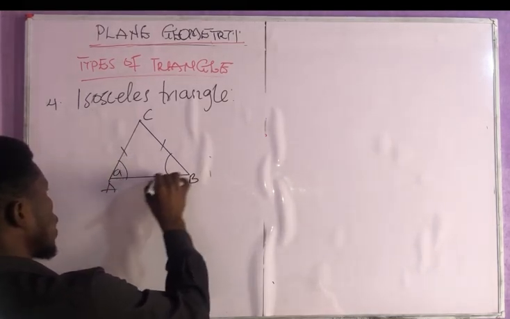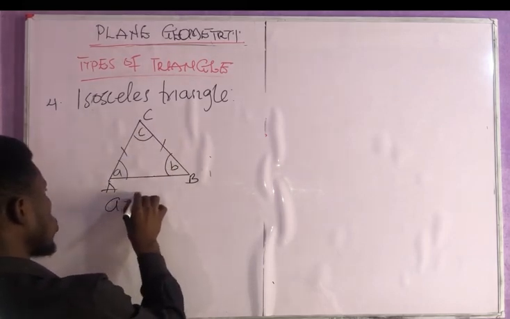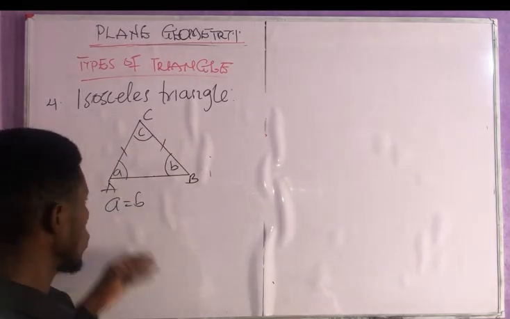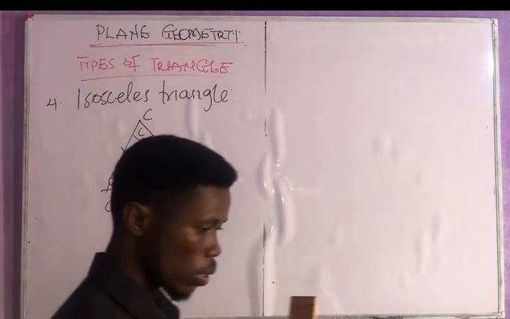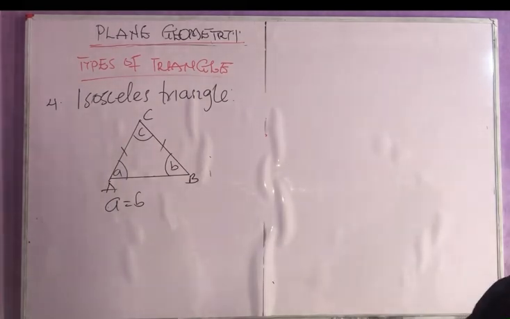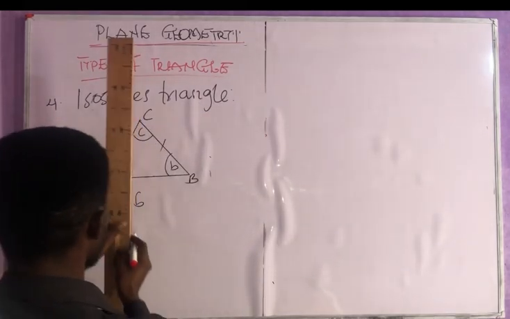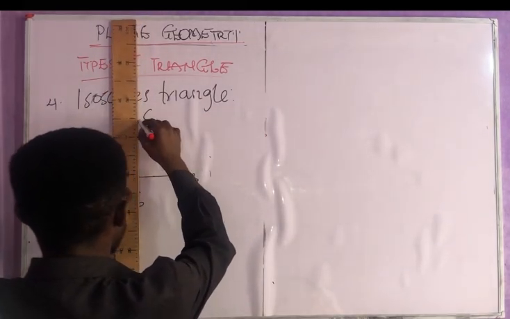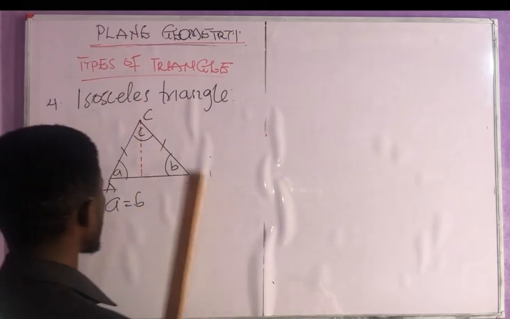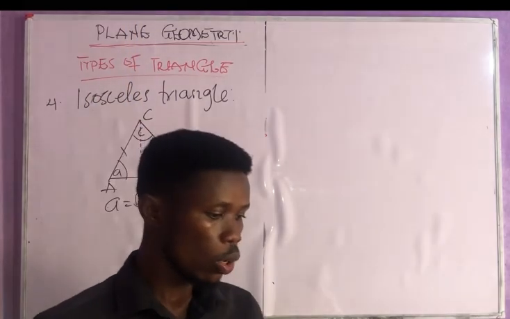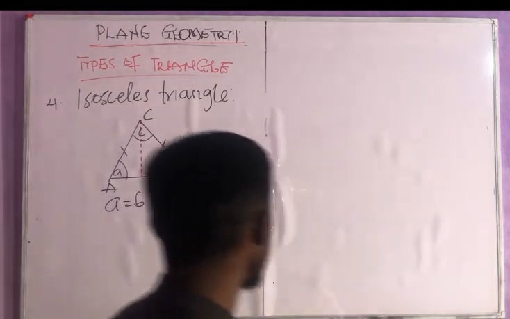So if here is A and here is B, and maybe here is C, we are saying that A is equal to what? B. So the base angles are equal. And this triangle has only 1 line of symmetry. An isosceles triangle has only 1 line of what? Symmetry. Only 1 line of symmetry.